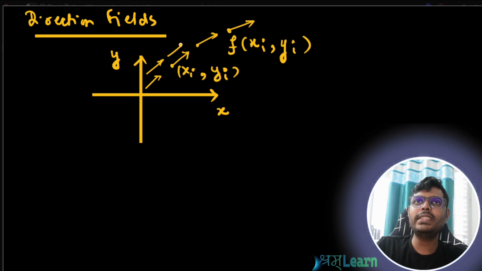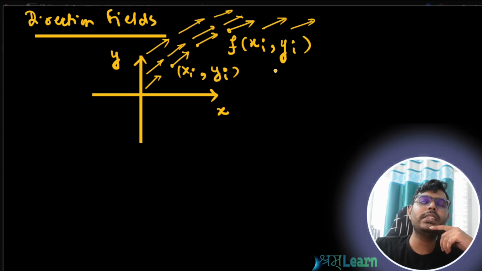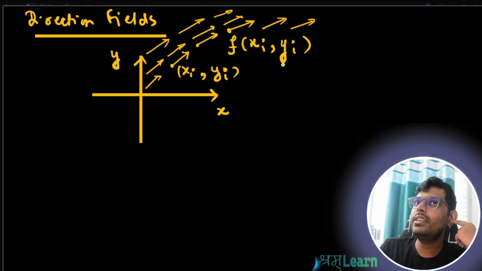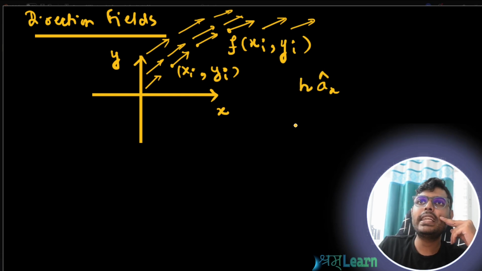So on the basis of where you are on the xy plane, you can decide your trajectory based on direction fields. The vector must have an x component and a y component. The x component of the vector is nothing but h, the step size.